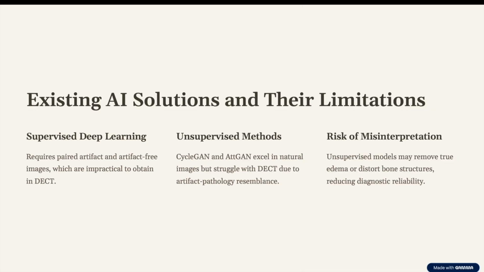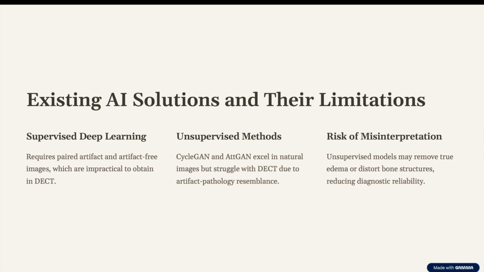Now, we will see what are the existing AI solutions and what are their limitations. So first is supervised deep learning. It requires paired artifact and artifact-free images, which are impractical to obtain in DECT. Second is unsupervised methods.